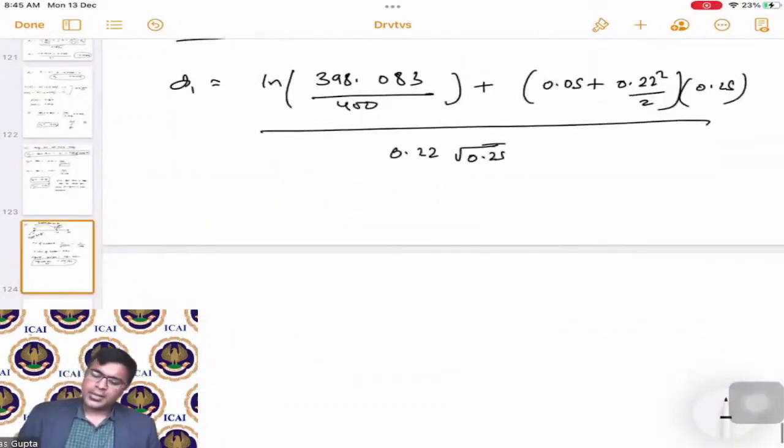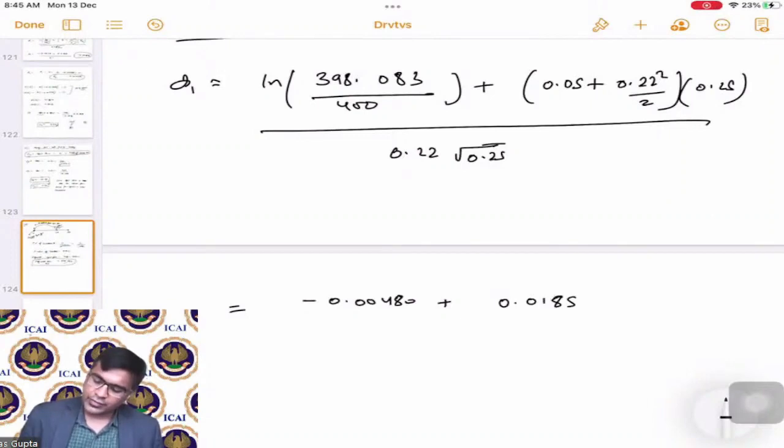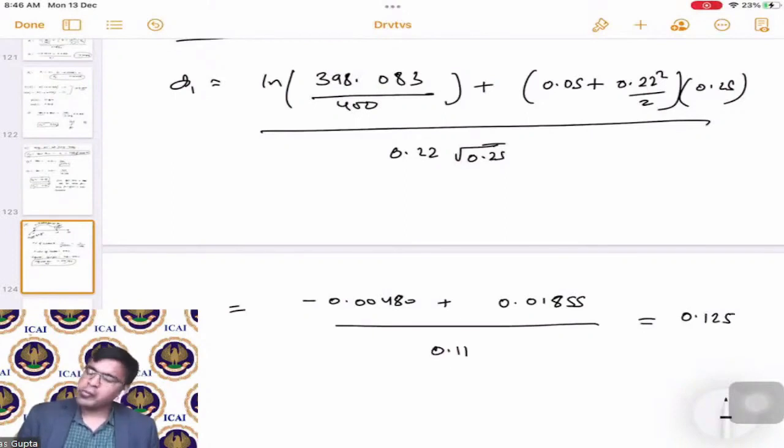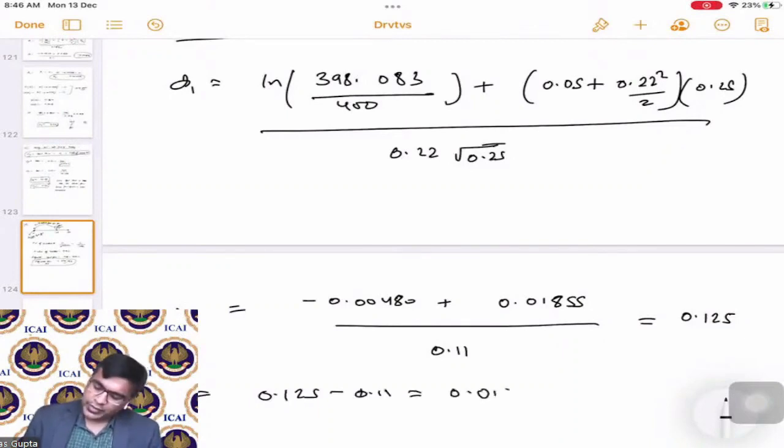So the log of this, if we calculate using the same principle, or even if it would be given in the question, I'm just putting the direct values here: minus 0.00480 plus 0.01855, whole divided by 0.11, is equal to 0.125. Hence, D2 is equal to 0.125 minus 0.11, which is equal to 0.015.